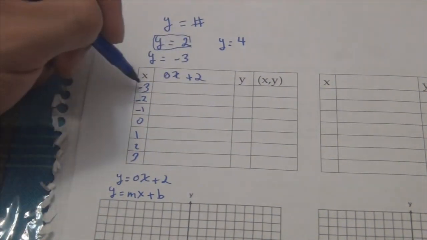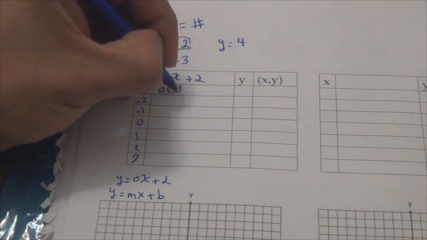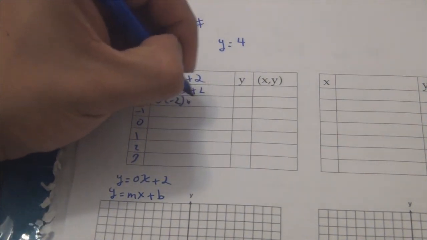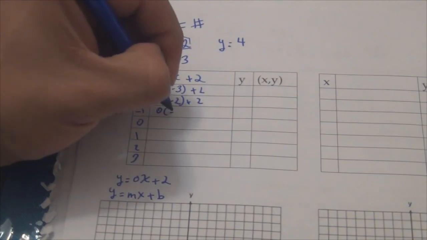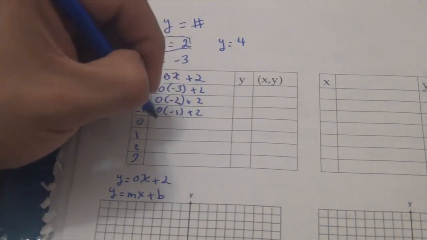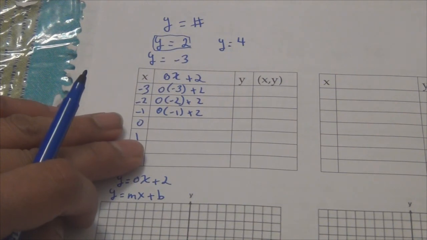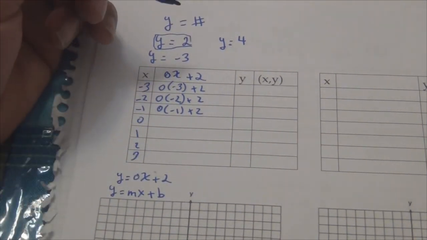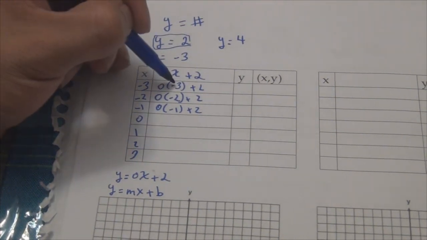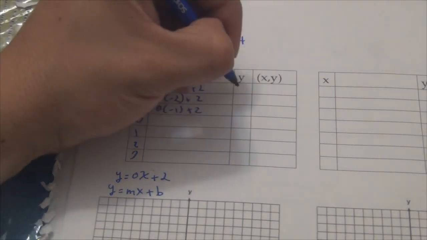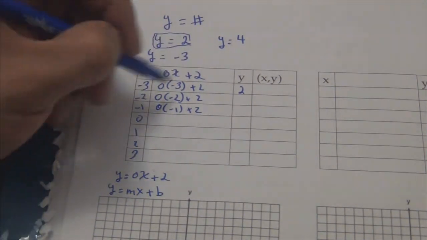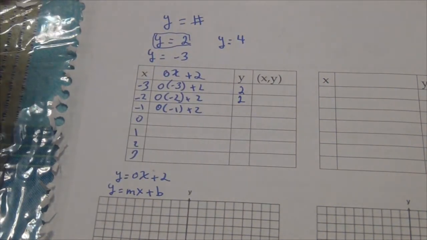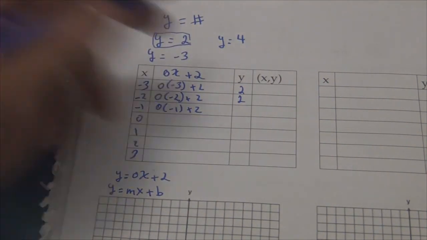So when x is -3, we have 0 times -3 plus 2, 0 times -2 plus 2, 0 times -1 plus 2, anyways, you get the idea. You finish writing the rest, and I'm going to start answering this. 0 times -3, 0, plus 2, 2. 0 times -2, 0, plus 2, 2. Guess what this number is? Yes, you guessed it.